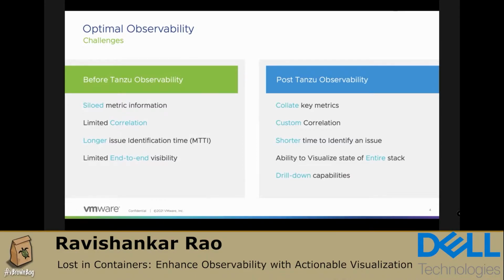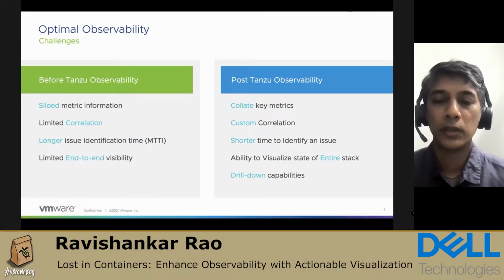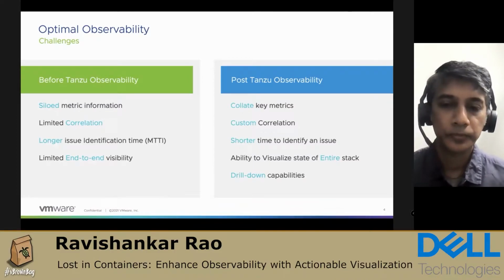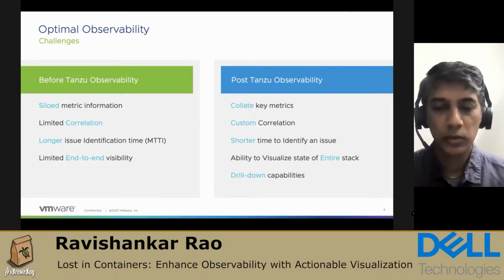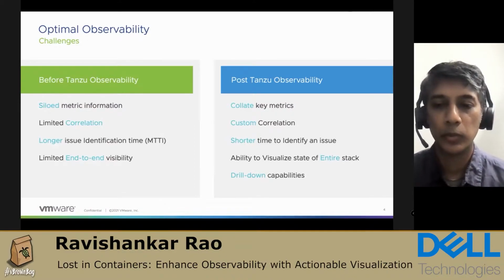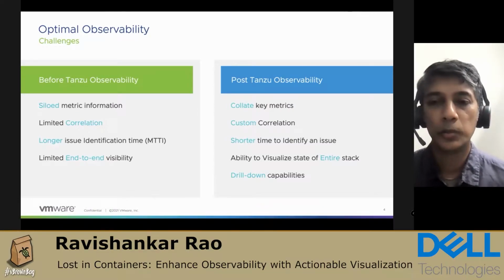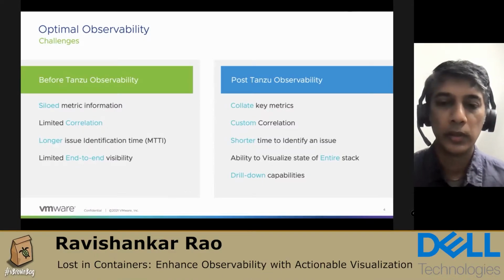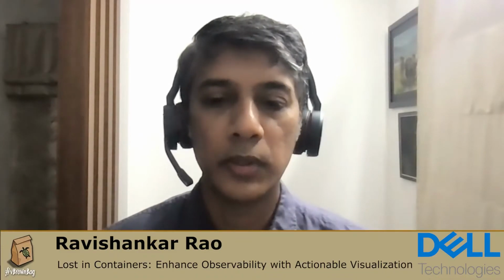A lot of customization is made available within the platform. And with correlation, it took that much less time to not just identify an issue, but also to isolate the issue within the stack. And with all the visualizations, we will see in the upcoming slides, as well as a demo, the functionality that Tanzu Observability provides. We're able to visualize the entire stack, not just from a bird's eye perspective, but also drill down and get to the bottom of the stack.